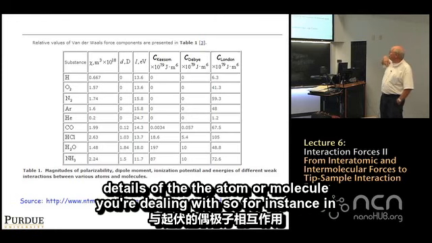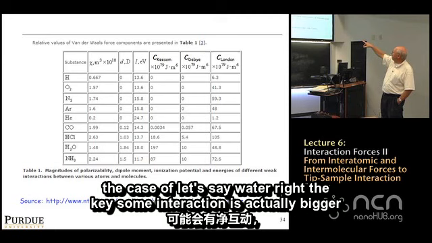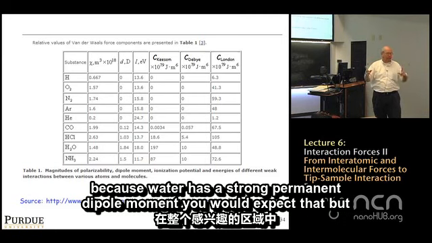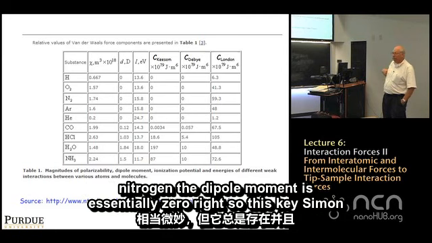So, for instance, in the case of water, the Keesom interaction is actually bigger than the London interaction, but that's because water has a strong permanent dipole moment. You would expect that. But these other entities like oxygen, nitrogen, the dipole moment is essentially zero.